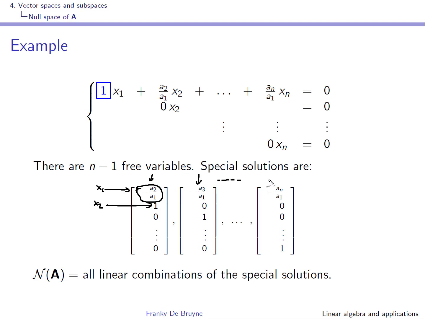And you can continue until xn we put to 1, all other variables x2 to xn-1 to 0, we find x1, and we have our last special solution. There are n-1 special solutions here, okay? And the null space of our original matrix is the linear combination of all these special solutions.